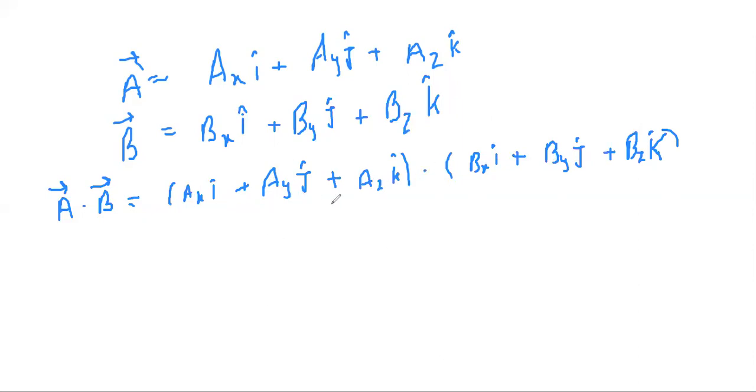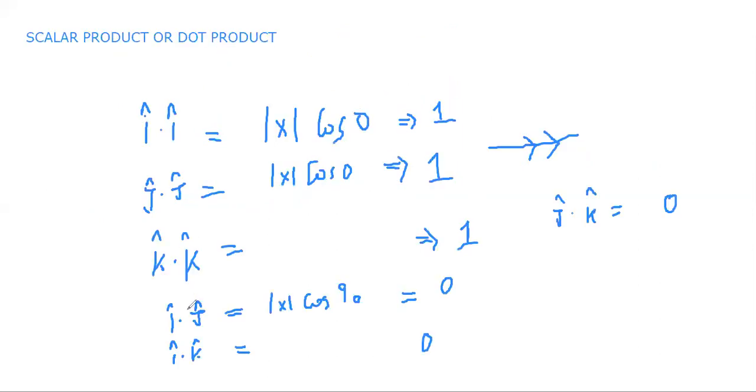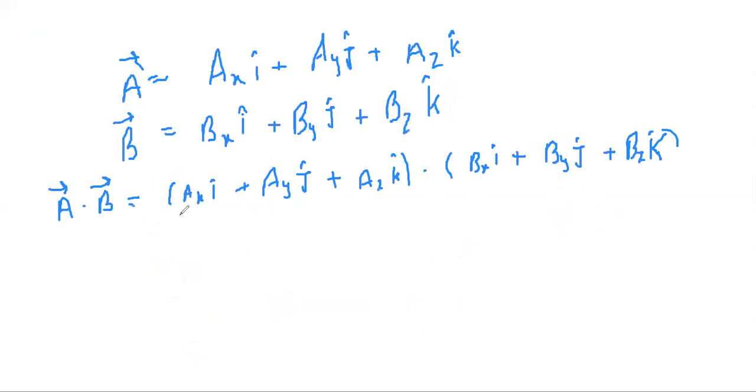Now, if you remember this thing, wherever you get two different unit vectors in a dot product, it would be 0, right? So when AX I is made dot product with BY J, it would be 0. Similarly, AX I with BZ K would again be 0. The only thing left with AX would be AX I dot BX I.